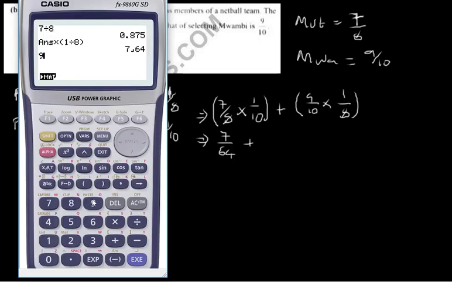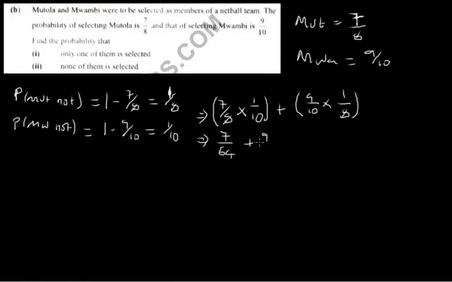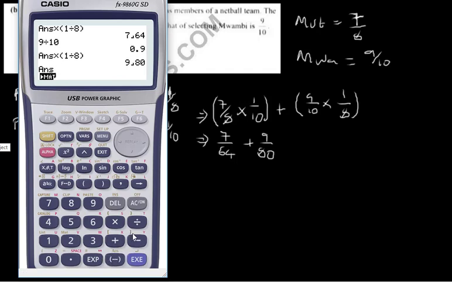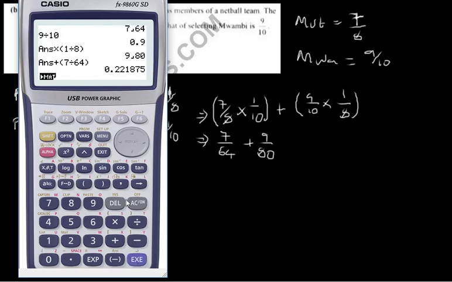So we'll say 9 divided by 10 multiplied by 1 divided by 8. That gives us that. In terms of fractions, that's simply 9 over 80, right? And we'll say our answer plus 7 divided by 64. That gives us that.